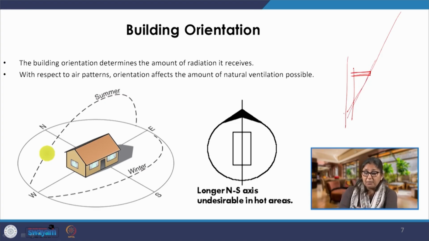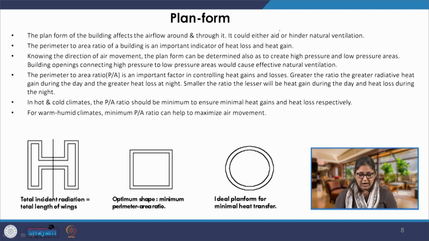So, depending upon where we are and what our requirement for radiation is, we will decide upon the building orientation first. After that, we choose plan form. Now, we have to understand the qualities of different plan forms. For example, if we have a circular plan form, we clearly know that the perimeter of the circle is smallest as compared to any other form for the same area that it encloses.